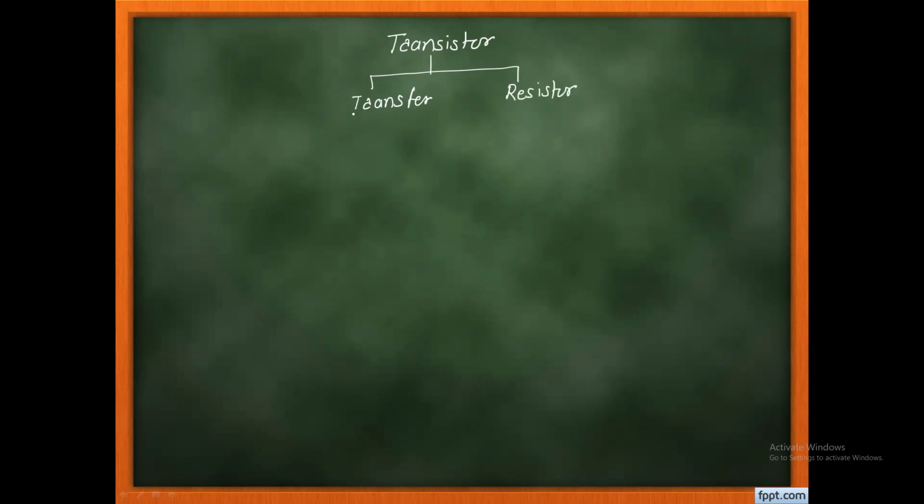Combining these two words, we call it a transistor. Now what is the relation between transfer and resistor? We know the main application of a transistor. Just like a diode, whose main application is rectification, the main application of a transistor is amplification.